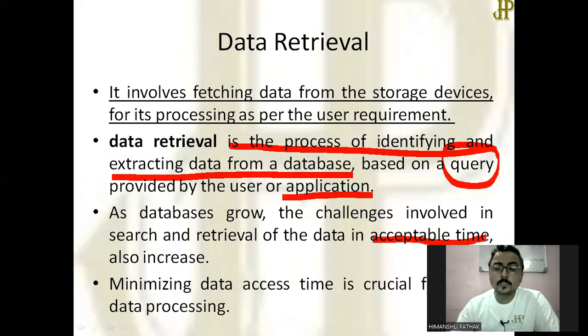If the information comes after that, then it is of no use. Okay. So minimizing data access time is very crucial.